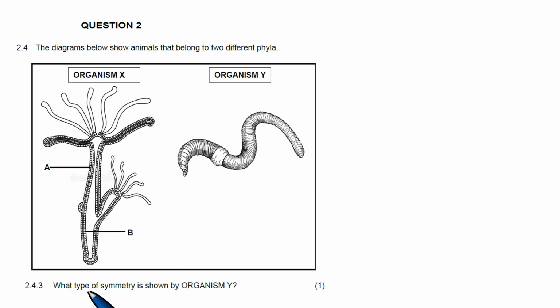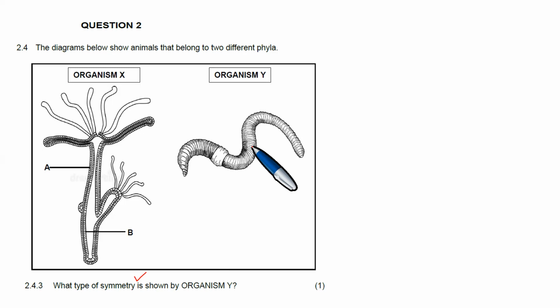What type of symmetry is shown by organism Y? We understand that in organism Y there is symmetry. But what kind of symmetry is observed?